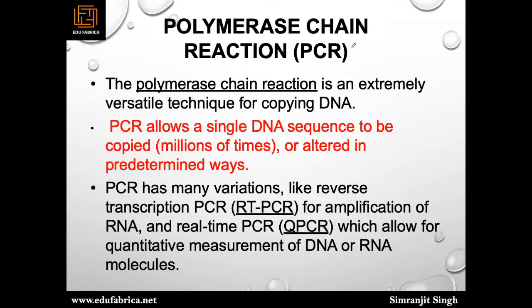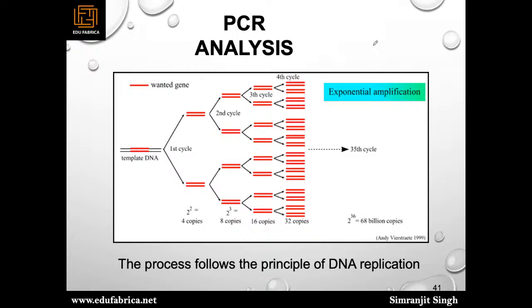Then there is the polymerase chain reaction, which is an extremely versatile technique to make millions of copies of our DNA. PCR allows a single DNA sequence to be copied or altered in a predetermined way. There are three steps: denaturation, annealing, and elongation.